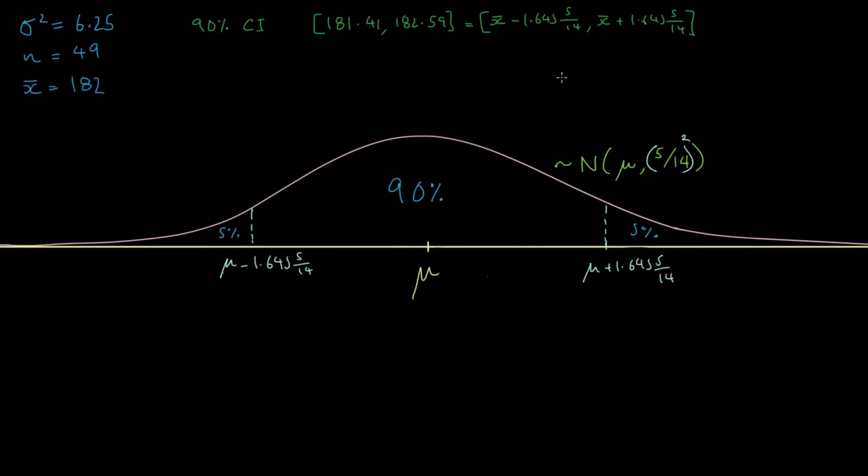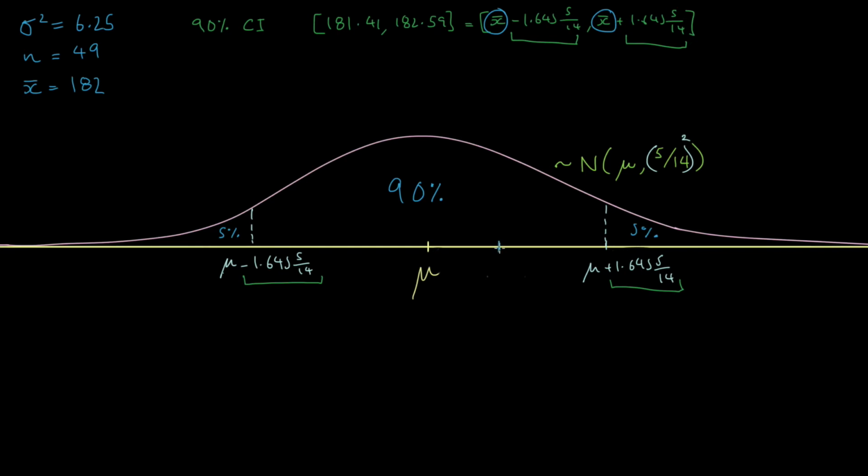Well, the first thing I'd like to point out is that by construction, the size of this interval is the same as the size of the interval around the true population mean, which contains 90% of the values. And then I'd like to point out the fact that this sample mean here, in this case it's going to be 182 specifically, is just a draw from this sampling distribution. We covered this earlier.